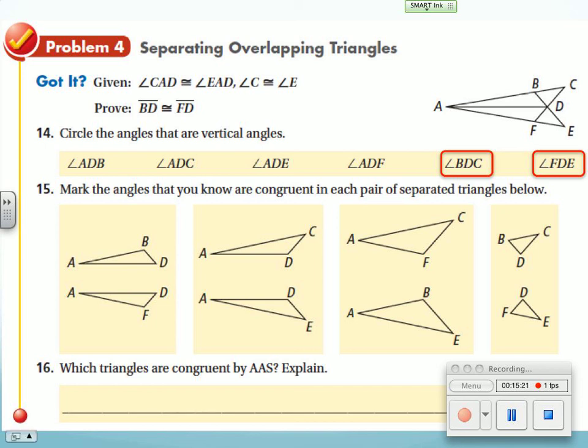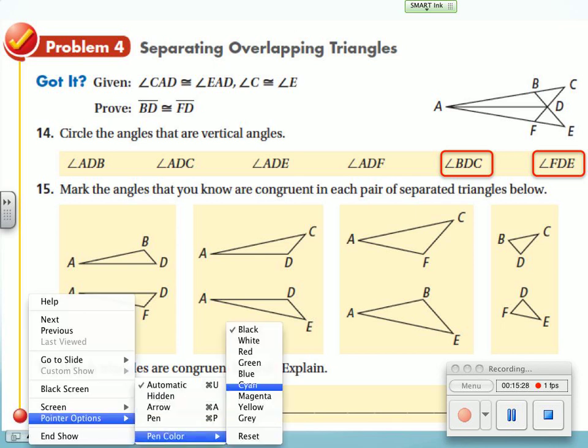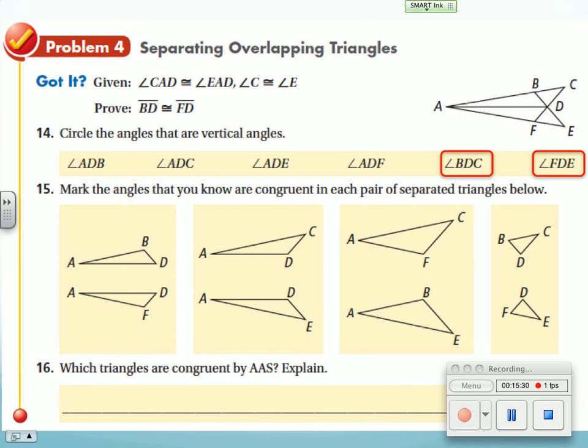All right, so I know that A is congruent to A, and I know that D is congruent to D. In the next set of drawings, I know that A is congruent to A, and C is congruent to E. In the next set of drawings, all I know is C is congruent to E. And then last but not least, I know that C is congruent to E.